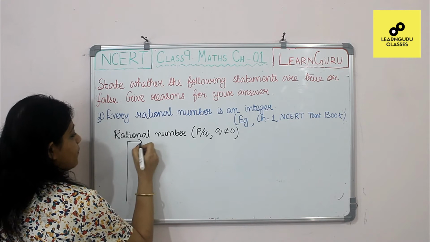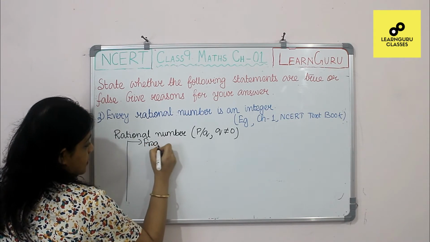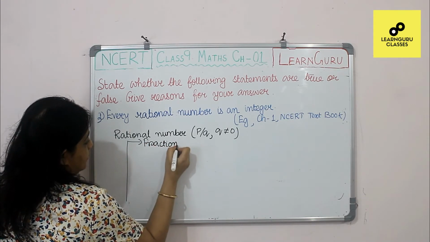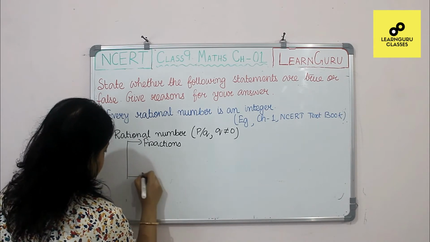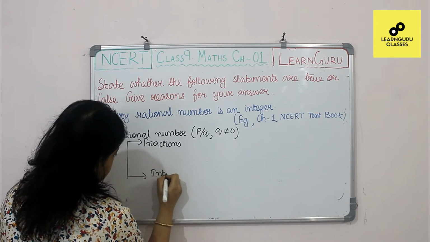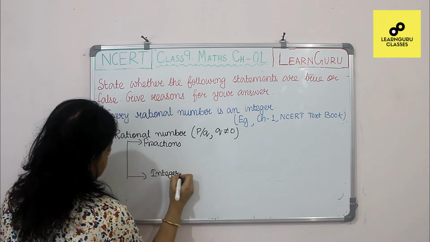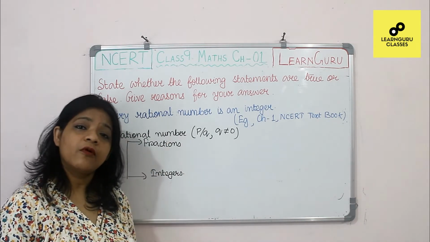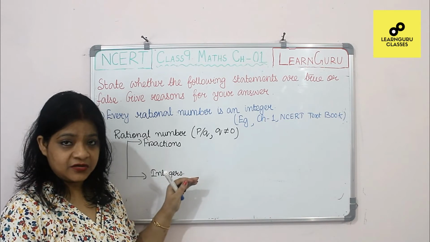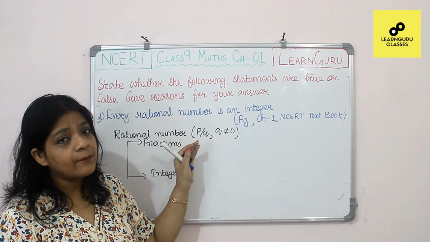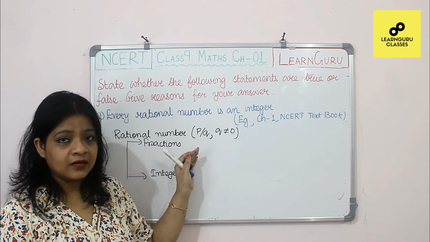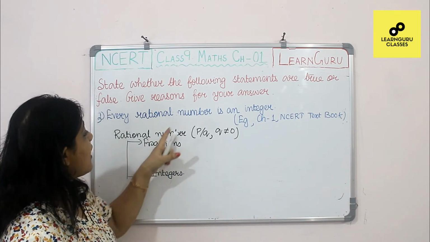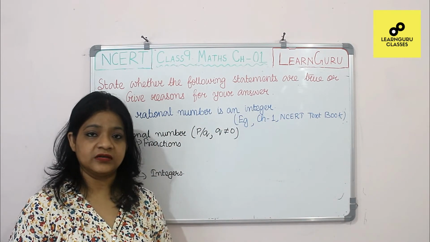Rational numbers comprise fractions and integers. That means integers are a type of rational number. Fractions are a type of rational number. Am I right? So, what is given? Every rational number is an integer.